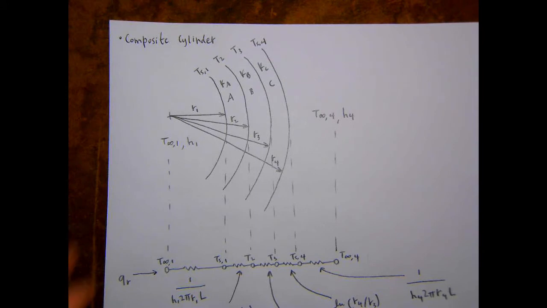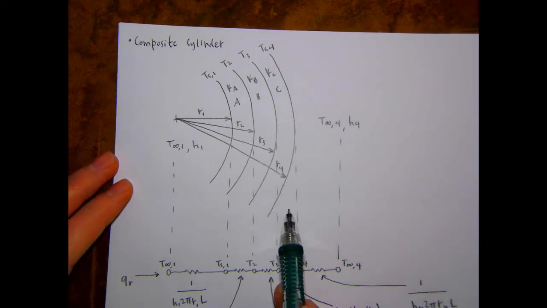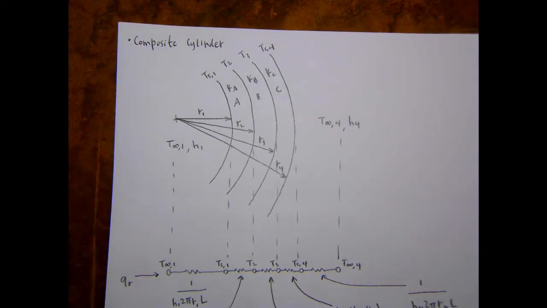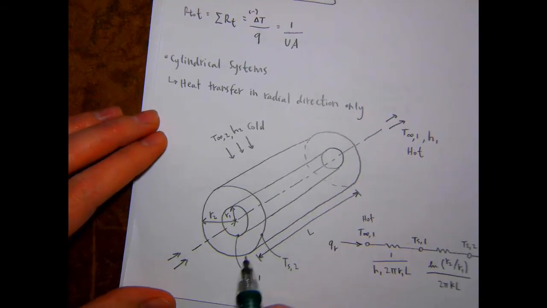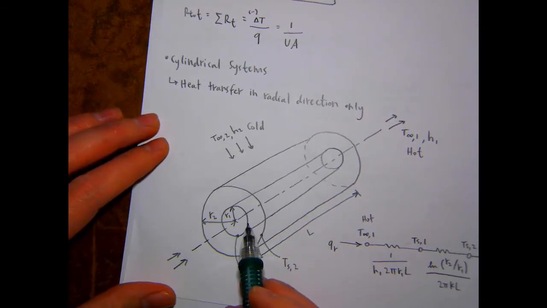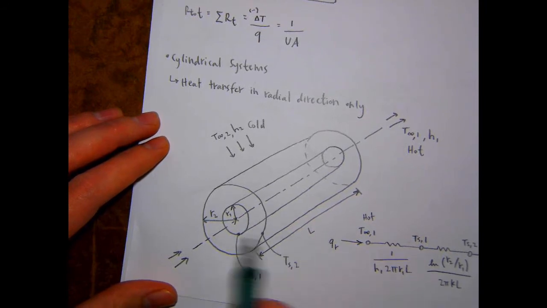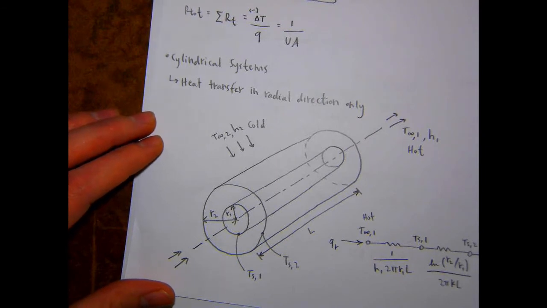For all these systems that we've looked at, even though we have fluid moving through the cylinder and across the cylinder, we're still assuming that we have heat transfer in one direction, in the radial direction. And that heat transfer is the same direction for convection and conduction. Like in the plane wall, it was just in the x direction, even though you had convection on both sides.